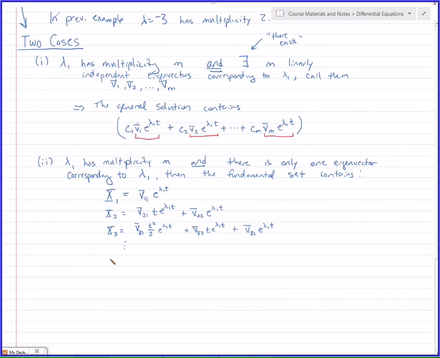Dot, dot, dot, all the way out to an mth one, which would be a vm1, and this is going to be t to the m minus 1 over m minus 1 factorial e to the lambda 1 t.